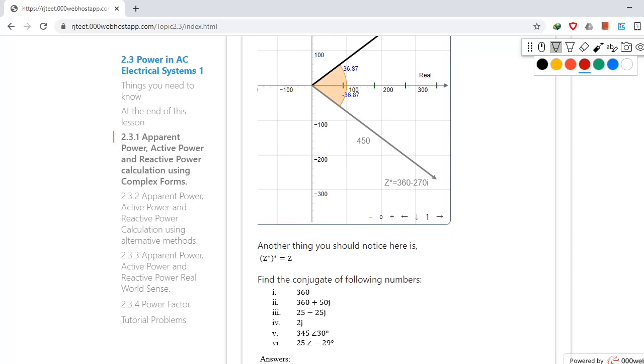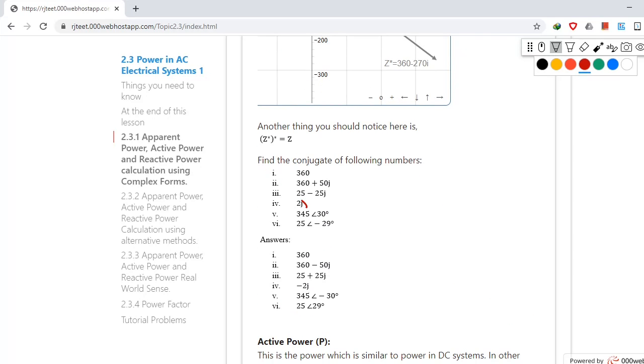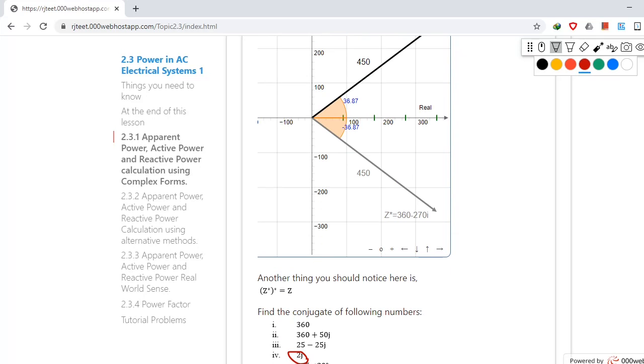So graphically what it means is, for instance in this case 2j, so 2j is going to be somewhere here, right? So in the positive direction, this is your 2j, and you're going to take the mirror image, so it should be now in this direction, right?